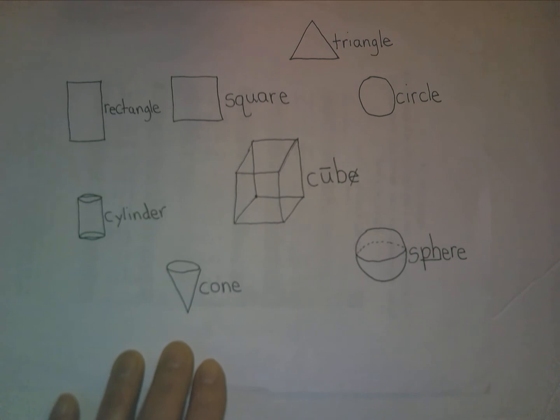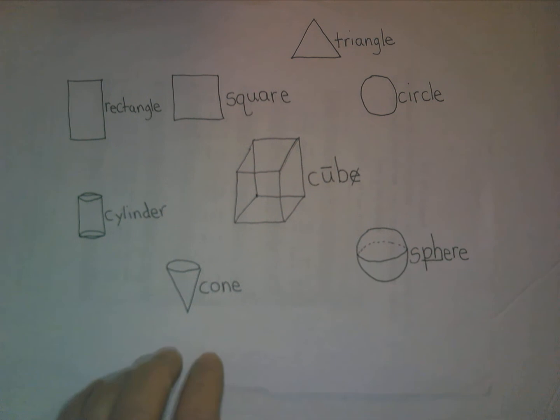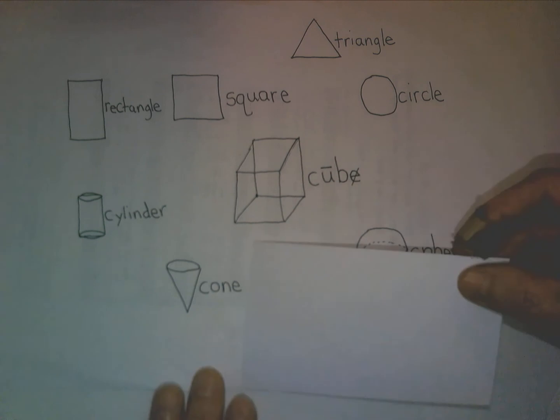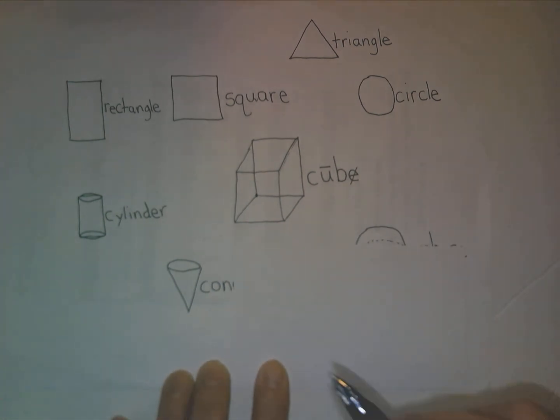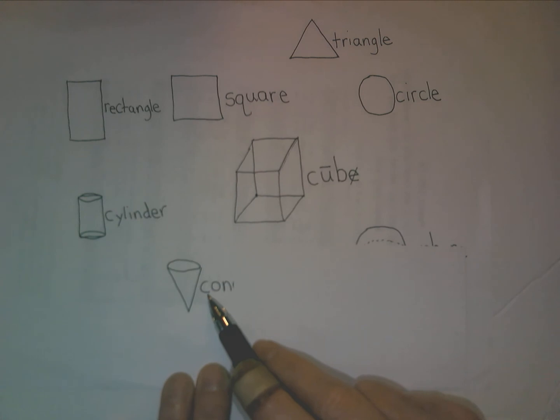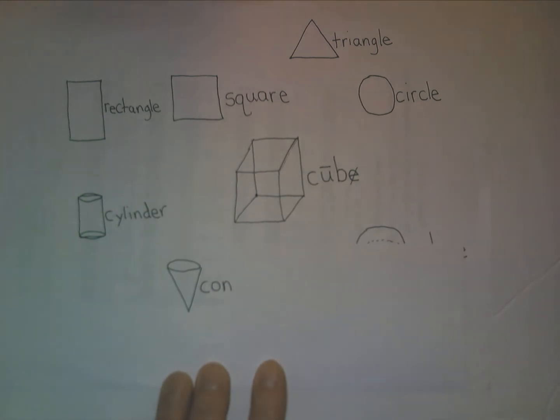Did you notice? If I covered up the E, what does this say right here? It says con. Con. How do we make it say cone?